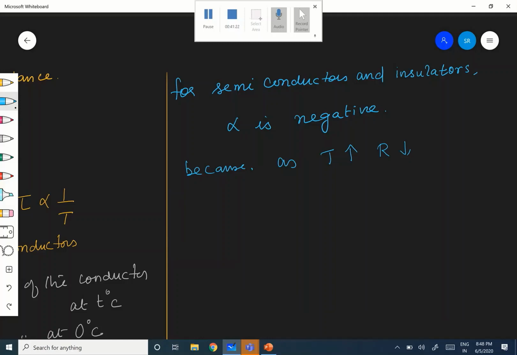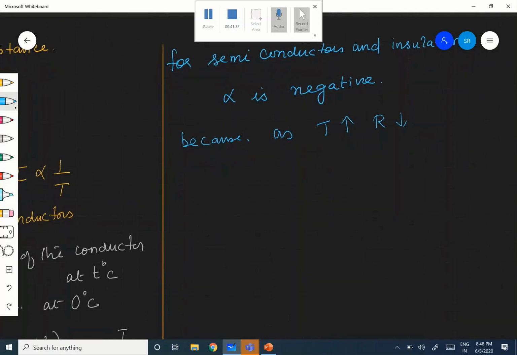At room temperature, I think you would have studied something about the conduction band and valence band. You have already studied it, but we will be seeing it in other chapters also, the last one, electronic devices.